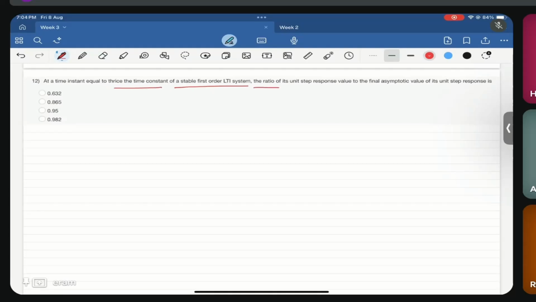The ratio of its unit step response value to the final asymptotic value of its unit step response is?